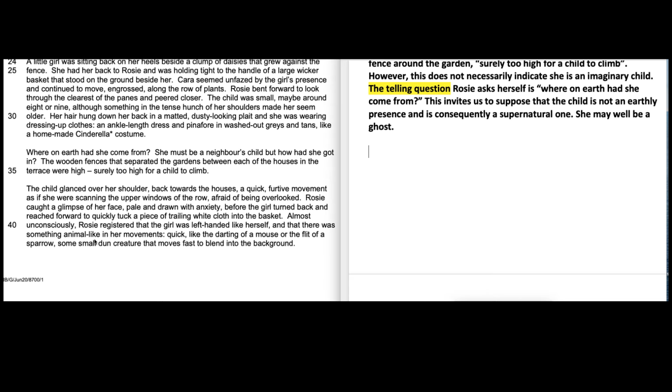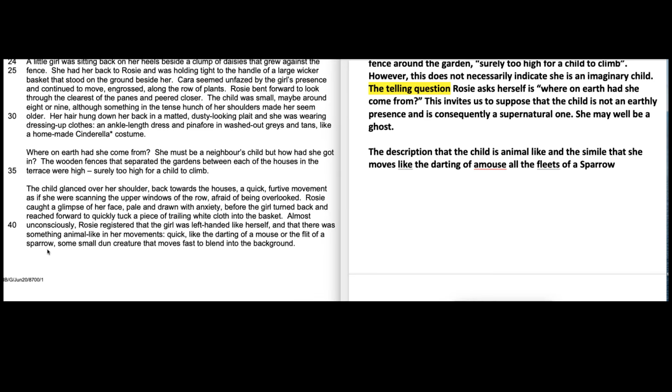The description that the child is animal-like and the simile that she moves like the darting of a mouse or the flit of a sparrow does make the stranger child seem unrealistic, and this could indicate that she is an imaginary figure.